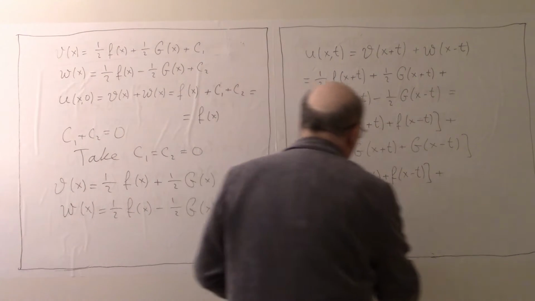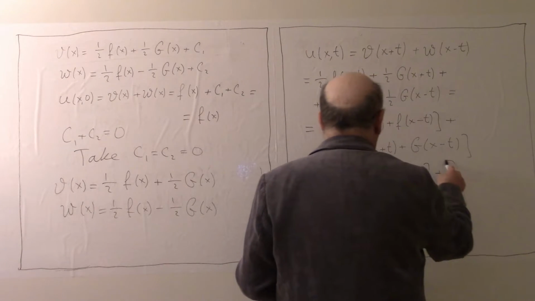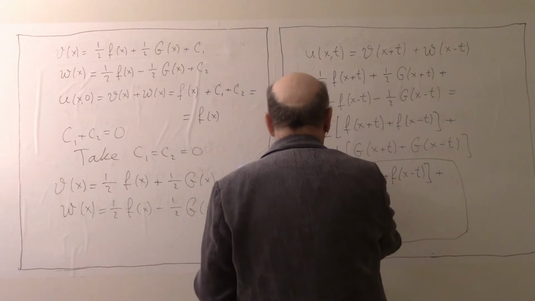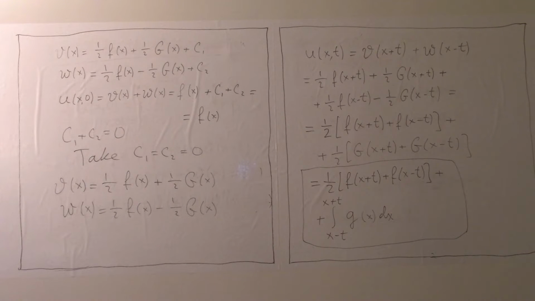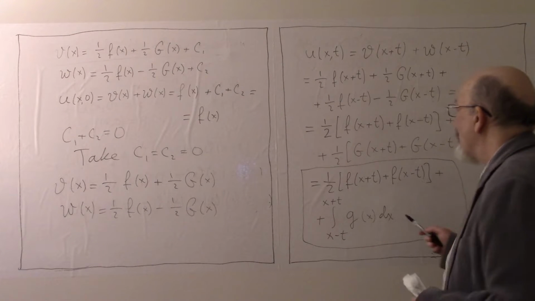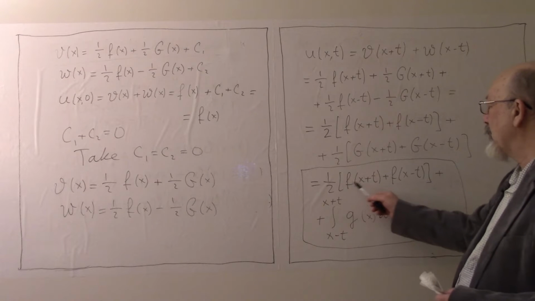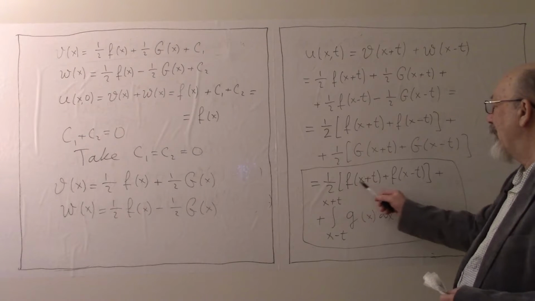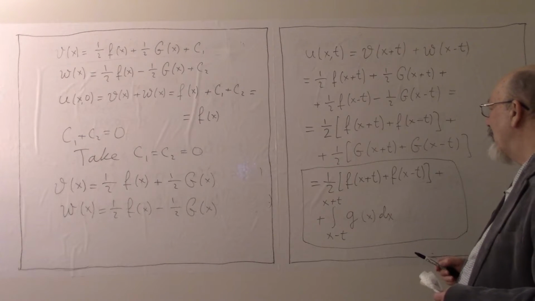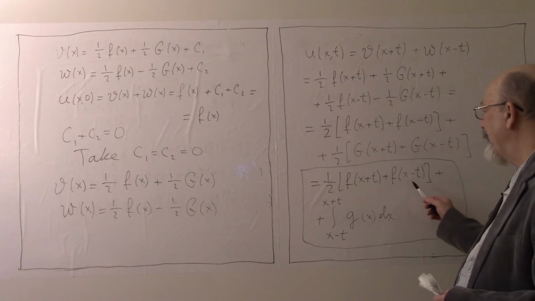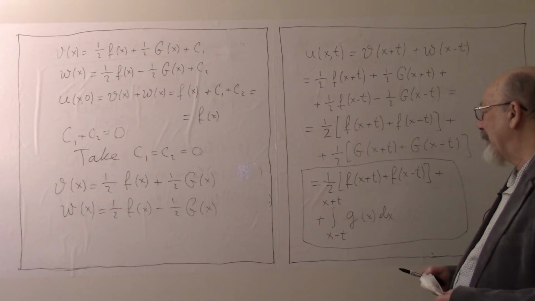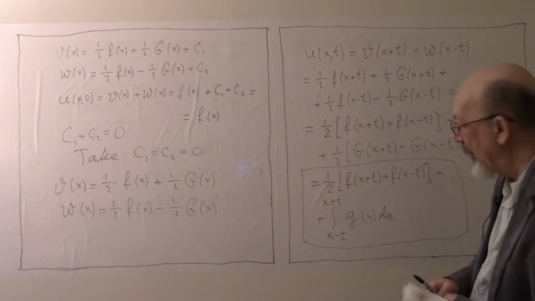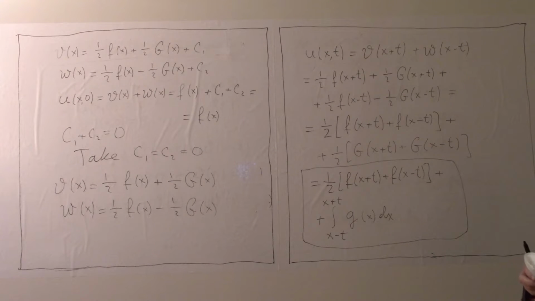So this is the final form of the solution of our initial value problem. It has two terms. One term contains f in this form, and the other term contains g. Okay.